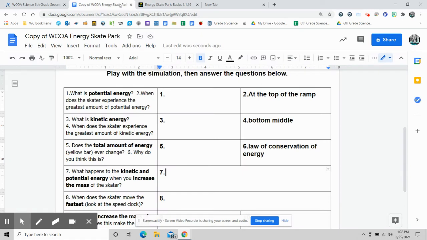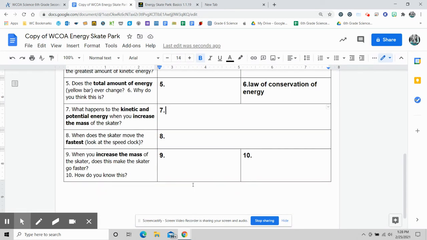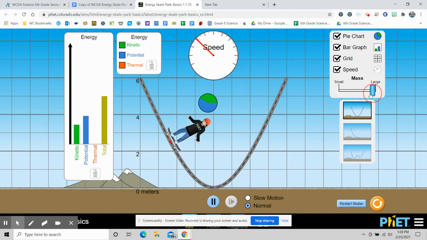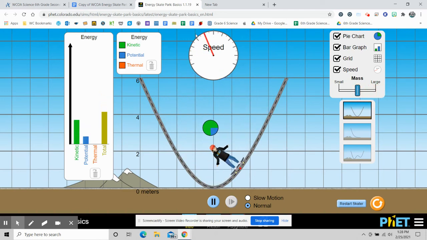So question 8, when does the skater move the fastest? And look at the speed of the clock. Okay, so for this, it doesn't really matter what his mass is. I'll just put him back in the middle. What we're looking at is speed. So if I'm watching him go back and forth, I can see the speed every time is like right there.